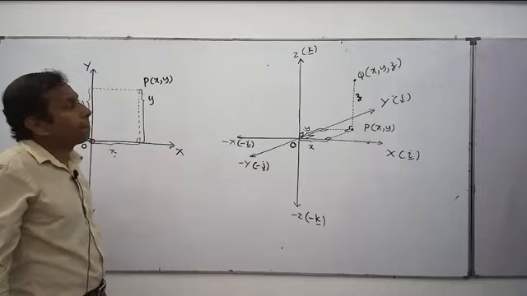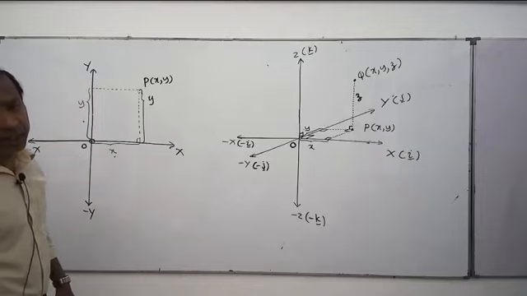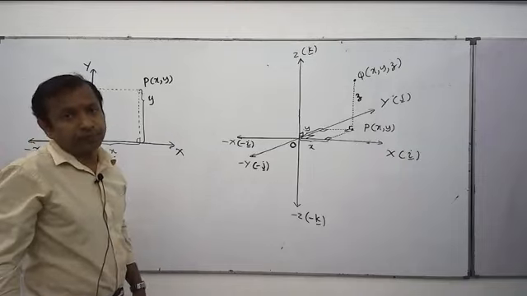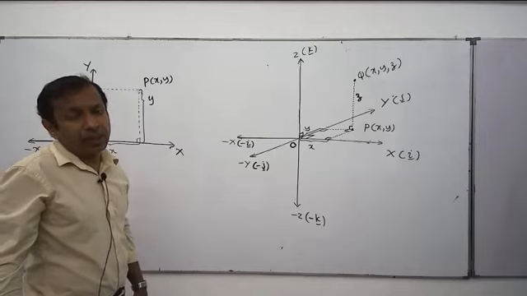Therefore, a point in the space is called three-dimensional.